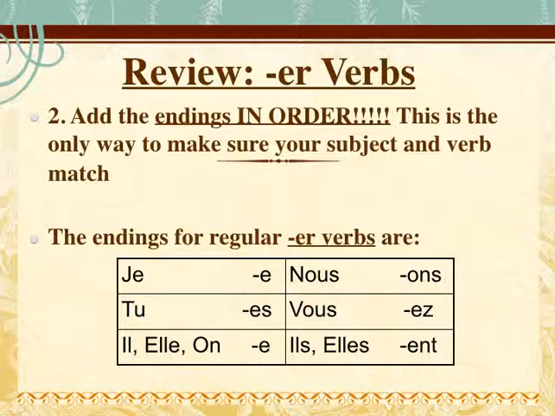So every single verb group, whether it's ER, RE, or IR, you'll start by finding the stem and then you'll add a set of endings. But the 3 sets of endings are all different. For regular ER verbs, the endings are E, ES, E, ONS, EZ, ENT. This is the part of the verb that actually matches the subject.